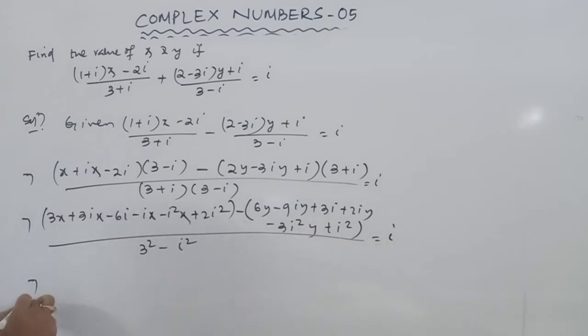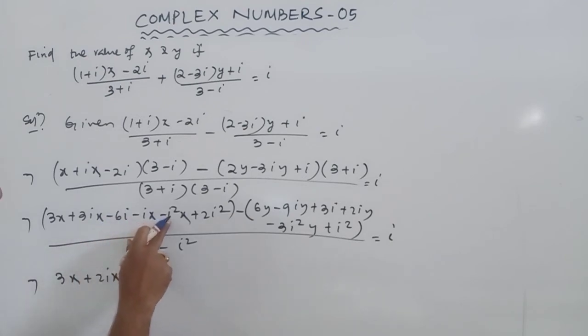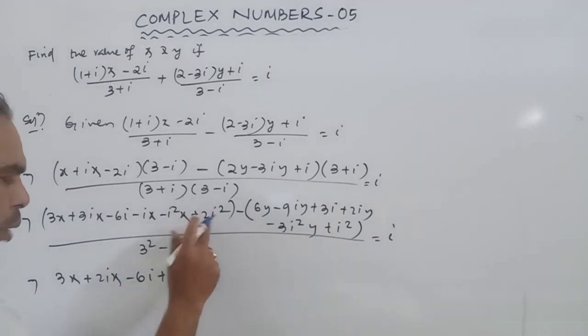So this implies 3ix minus ix, 2ix, minus 6i, minus i square x, minus i square means minus 1, so this is plus x, 2i square means minus 2.